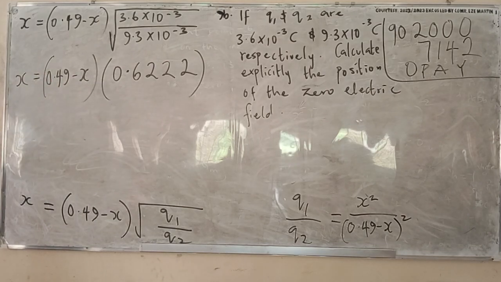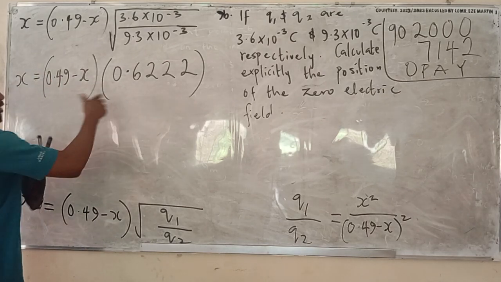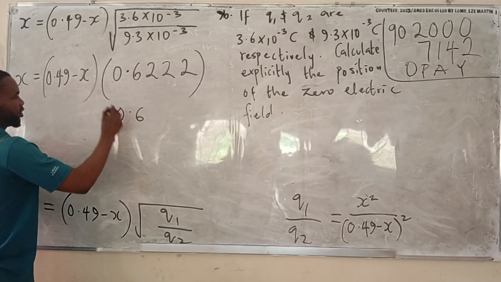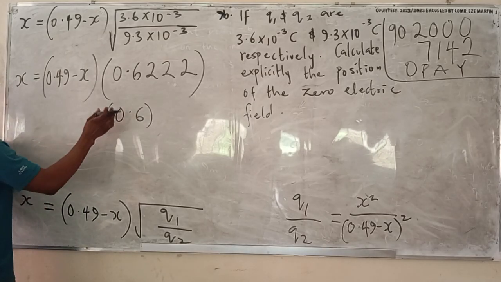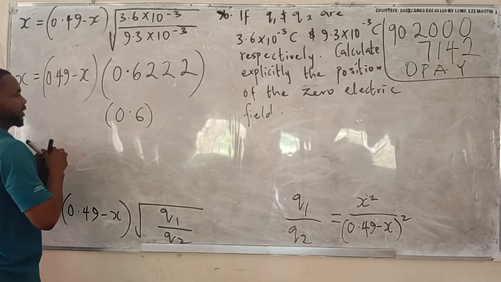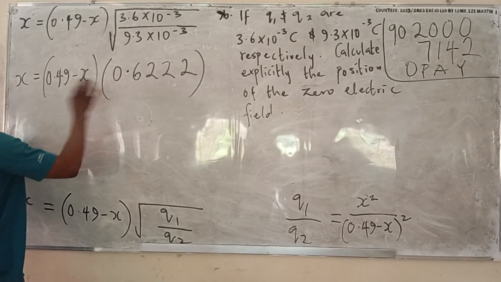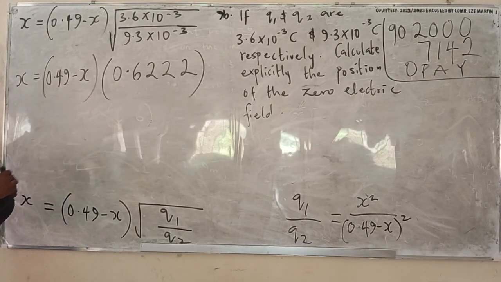You know that this is actually about 0.6. I will not be wrong if I say this is 0.6. But anyhow, carry this times this, carry this times this, what do you have?